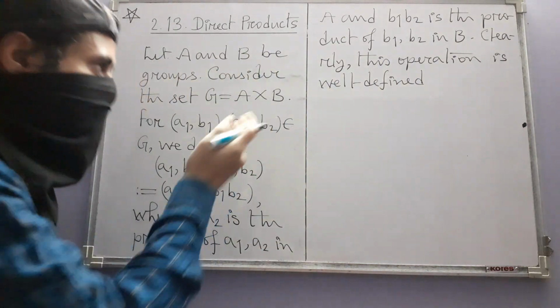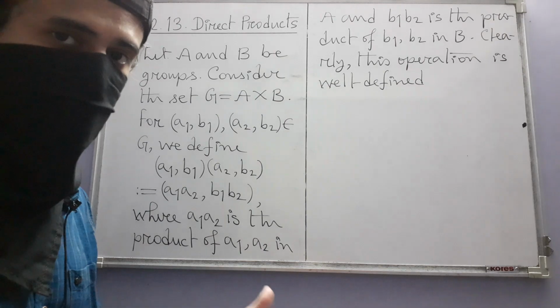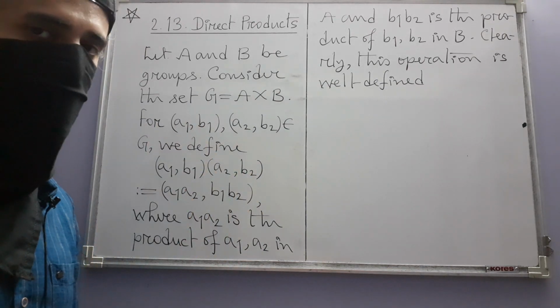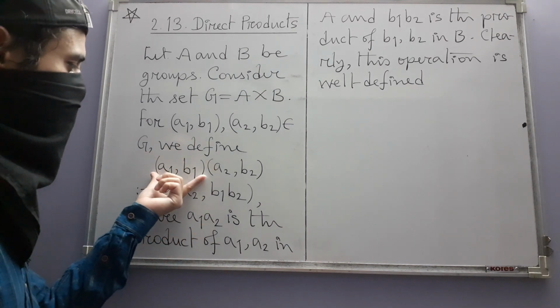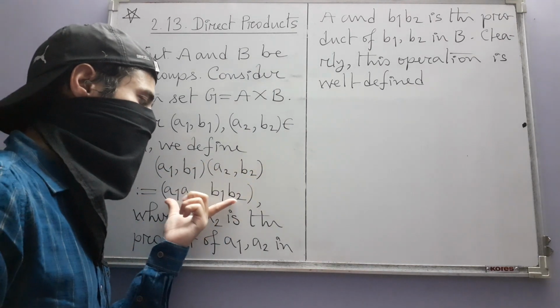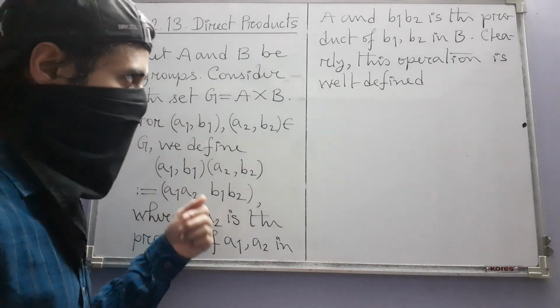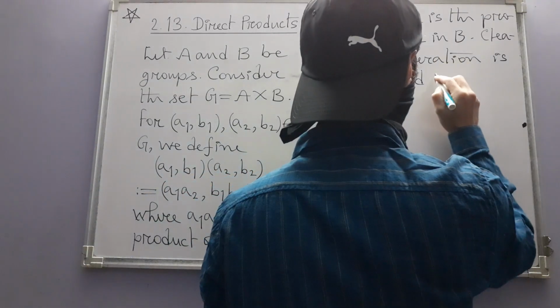And within this statement that this operation is well defined is also contained the fact that G is closed under this operation. That's because it's well defined. So anytime you take two such ordered pairs and form their product using this definition, you are going to get again an ordered pair in G, well defined.